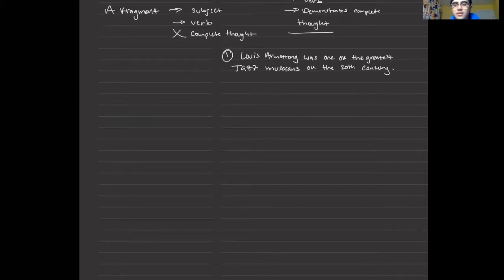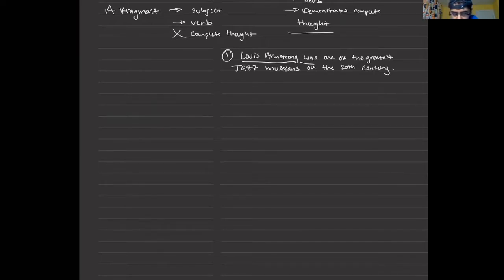Is that a sentence? Yes, it is. We have our subject, a name, a noun, and was one of the greatest jazz musicians of all time. It's a sentence. It demonstrates a complete thought and it also has a verb.